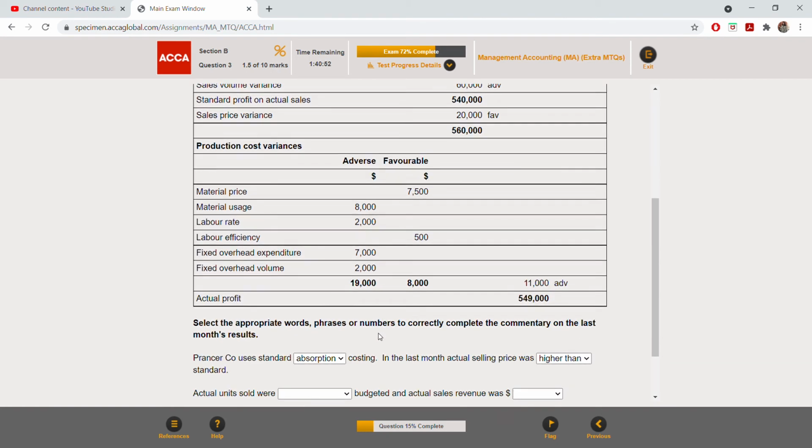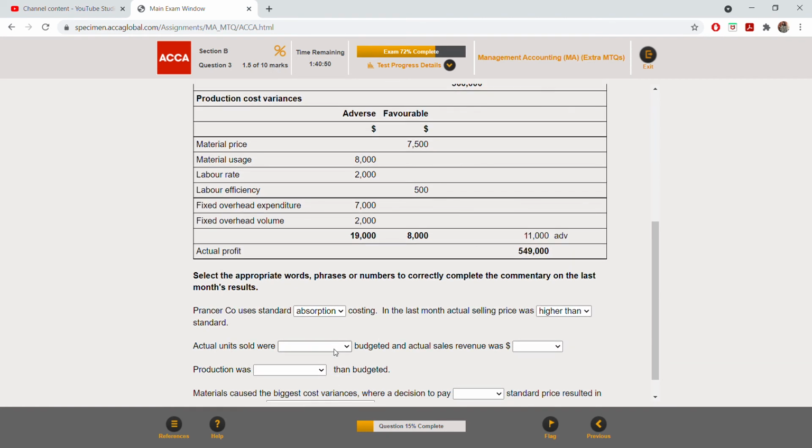Okay, for that you need to know the formula for the actual units sold, which I will not be telling you now. So make sure the amount is 1200. Okay, that is the number. But is it more or less than the budgeted?